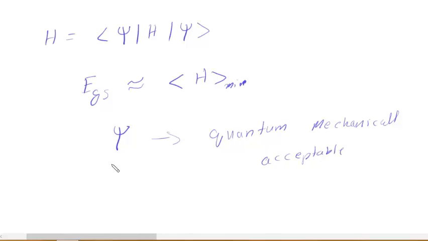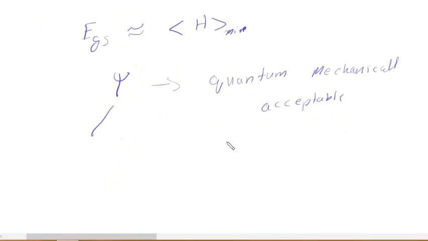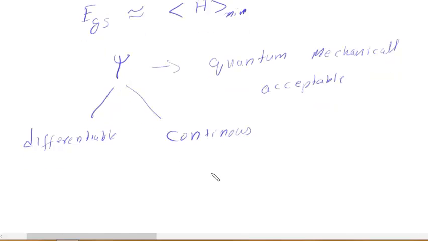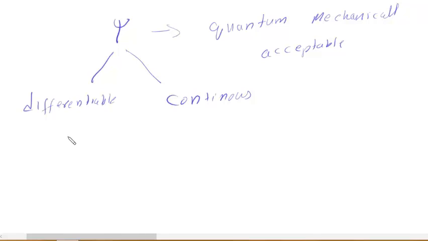This means that this wave function is differentiable, we can take the x derivative, and continuous, and also square integrable. Then it is quantum mechanically acceptable. And the trial wave function has an adjustable parameter.